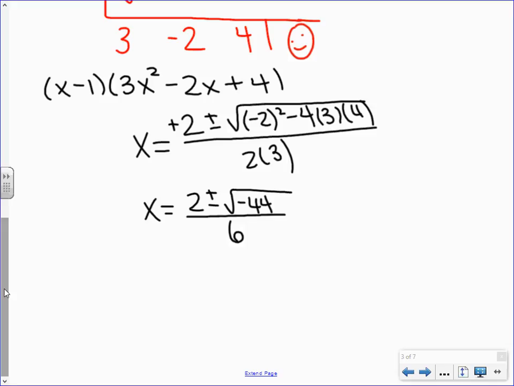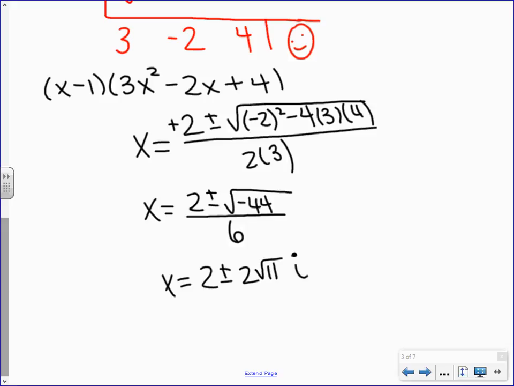The square root of -44 would reduce to what? Yes. So the square root of 4 can come out as 2. So we're left with 2 radical 11, and then that negative comes out as an i.